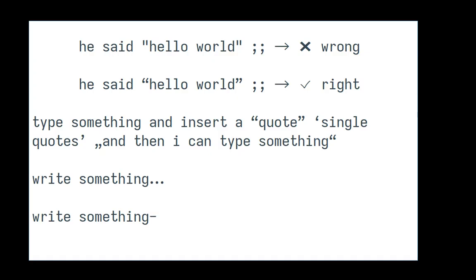So you will have a dash and then continue with something, and then another dash to continue what you wanted to write before. And AI always does this typographically correct, because it inserts an em dash, which is a long dash.